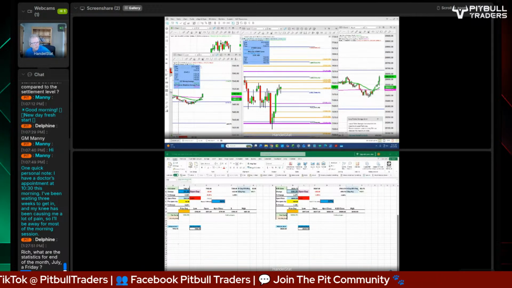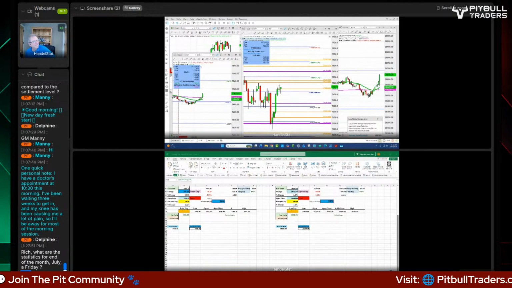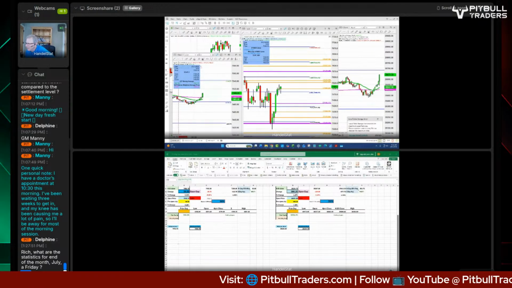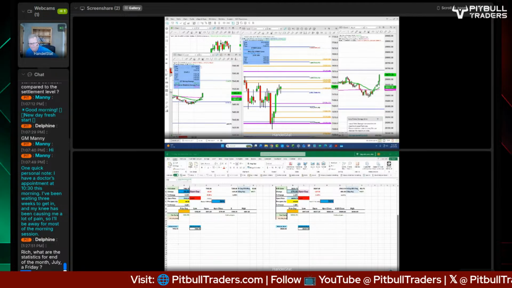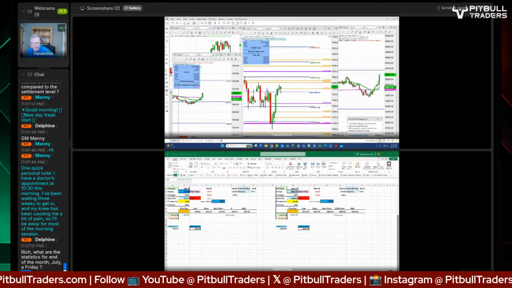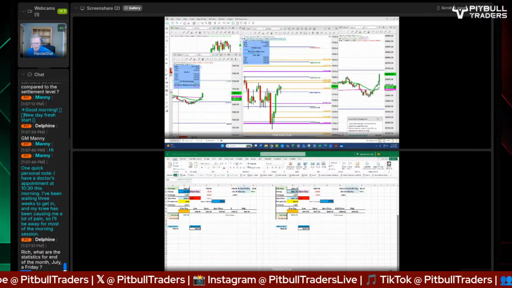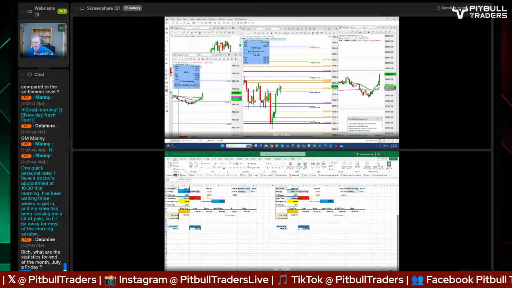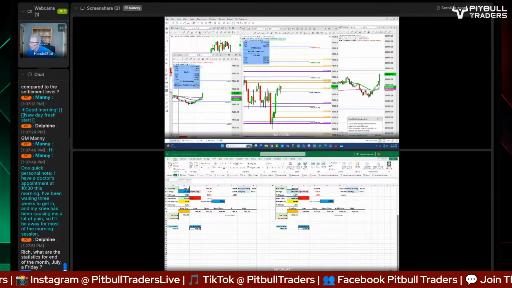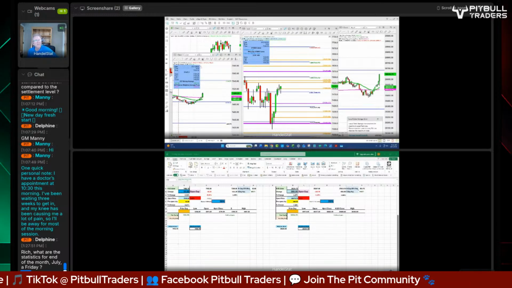It seems kind of frozen. Just doesn't seem like it's moving. Doesn't seem like it's moving at all.